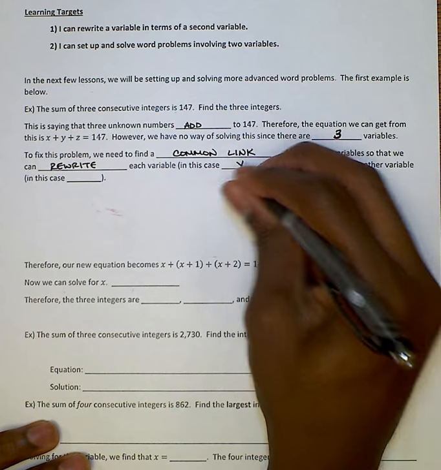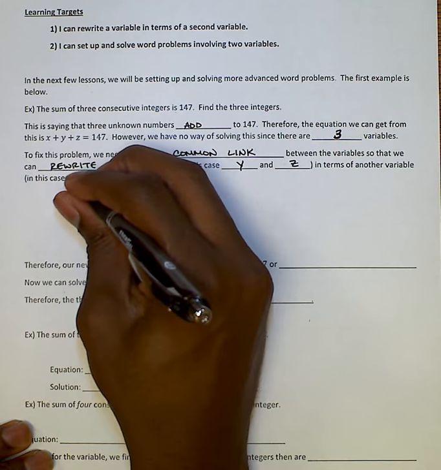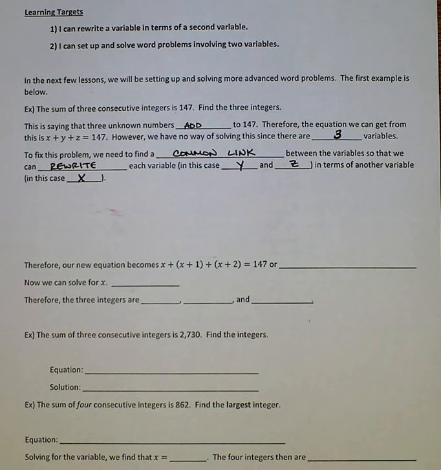We need to rewrite y and z in terms of another variable, x in this case. Instead of saying x plus y plus z, let's write this in a way that we only use one variable. And here's how we're going to do it in the case of consecutive integers.